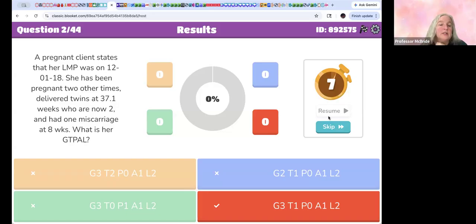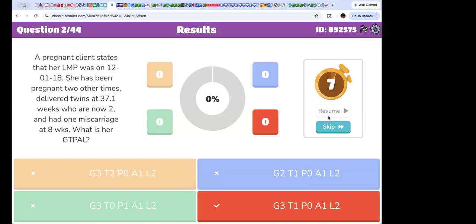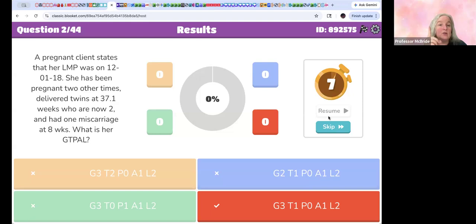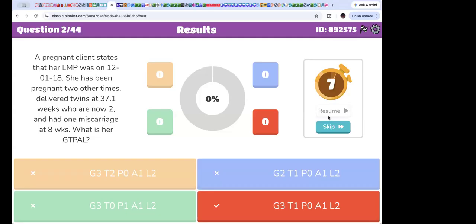How many term deliveries has she had? 1. And that's the twins. The twins counts as 1 pregnancy and it counts as 1 delivery. Right? So T is 1. She's had 1 term delivery. How many preterm deliveries has she had? 0.